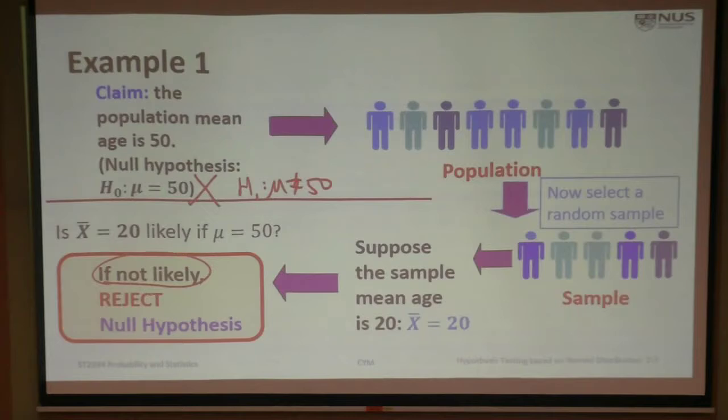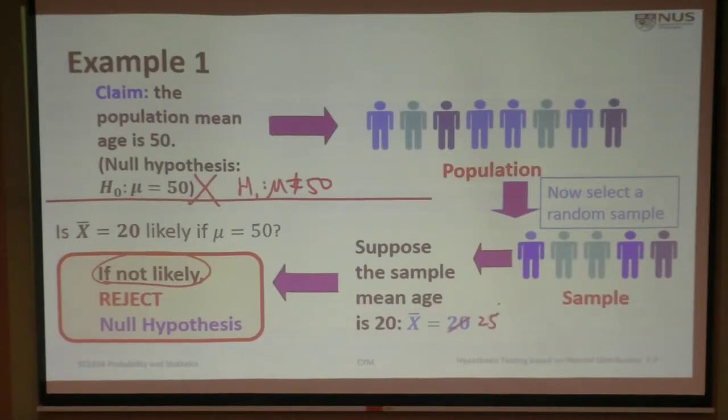So it's just like, if I make a statement, the average age of the NUS students is 50. So this is my statement, what I believe. So I set the alternative of mu does not equal 50. Okay, 20 is not NUS students, let me change it to 25 maybe.